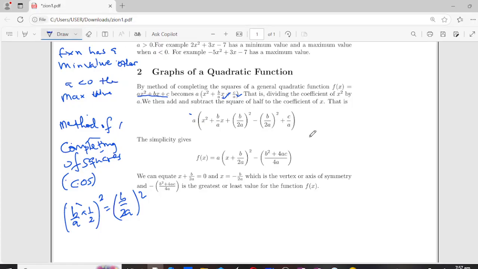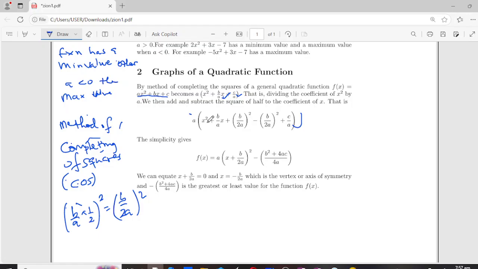So now that we have this term here, we can simplify our function and then write it as a into bracket x plus b over 2a all squared.